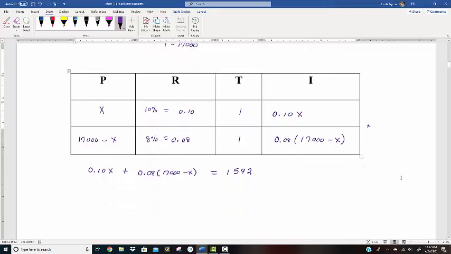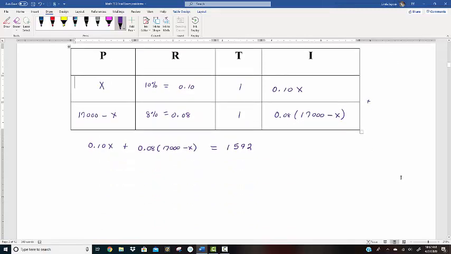Okay, so we'll look at this. We'll go through and solve this. When we go ahead and multiply, I'm going to have 0.10x plus, now I have to multiply through here. You can either separate it or do it directly, but the 0.08 has to be multiplied here and here.